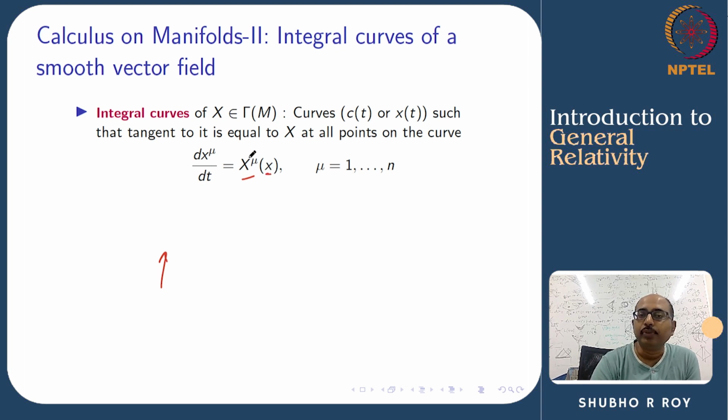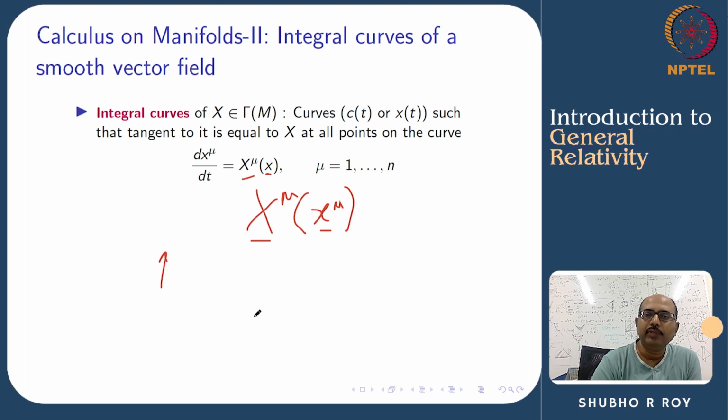So the X mu's are smooth functions of the little x's. It's unfortunate that I'm using both big X for the vector field and little x. These big X mu's are n functions of n variables, and they're infinitely differentiable, or continuously differentiable to arbitrary orders, in each of these x's. Okay, that's what defines a smooth vector field.